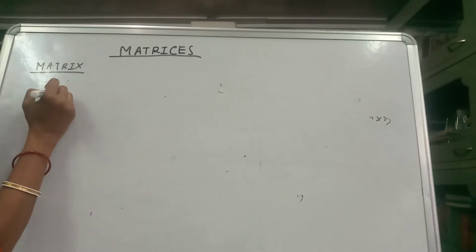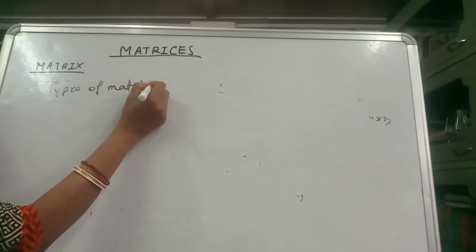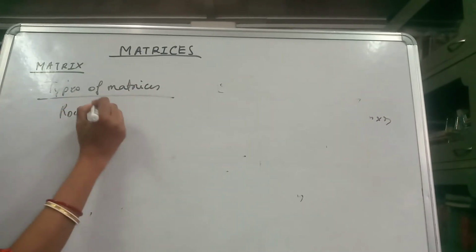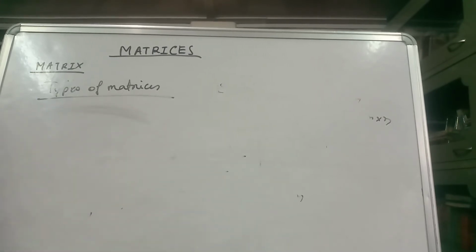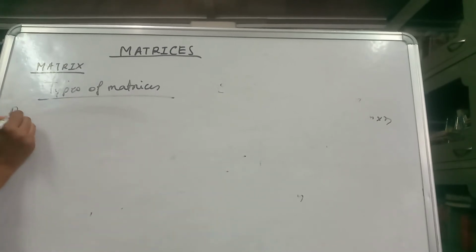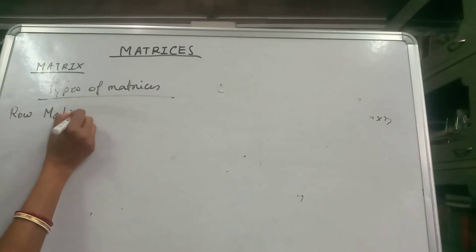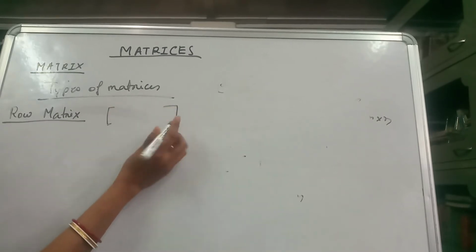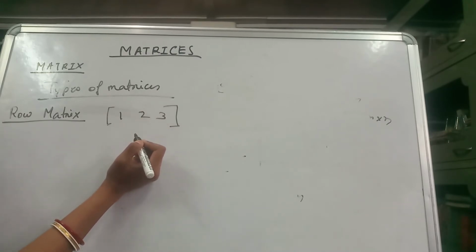So at first we make some other discussions on matrix, like types of matrices. What are the types of matrices? At first, row matrix. Row matrix: if a matrix has only one row, suppose 1, 2, 3, this is a row matrix.